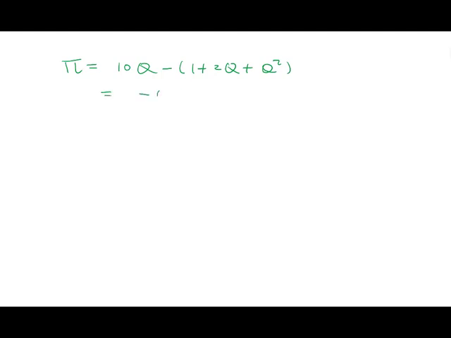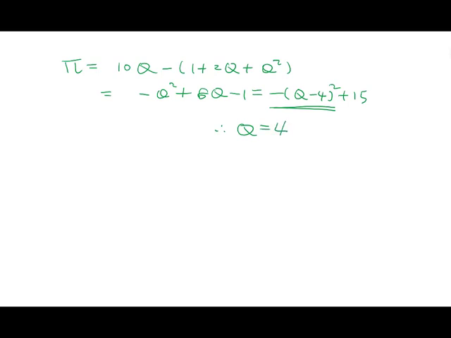So we have minus Q squared plus 8Q minus 1, which you can rewrite as minus (Q minus 4) squared plus 15. As this is the negative term, by making it 0, you are maximizing. So we can conclude Q equals 4.